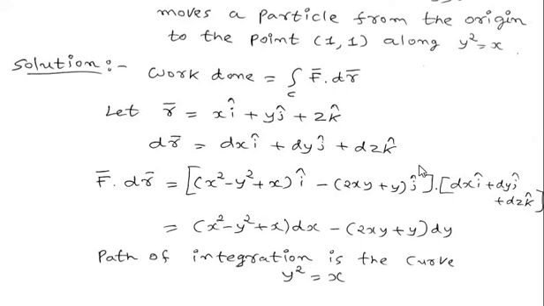You may write this term as 0 k cap, so it becomes indirectly 0. So we have f bar dot dr bar equals (x square minus y square plus x) dx minus (2xy plus y) dy.